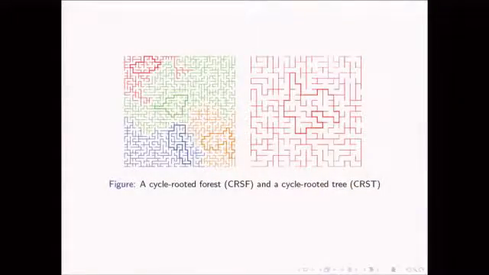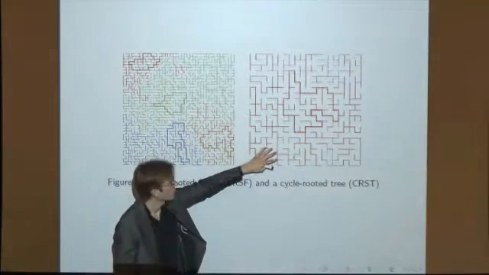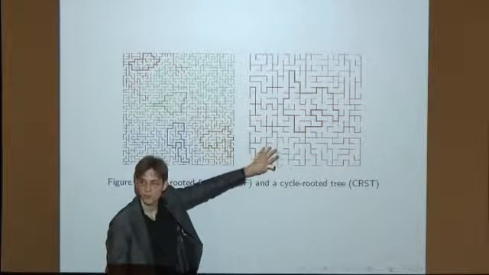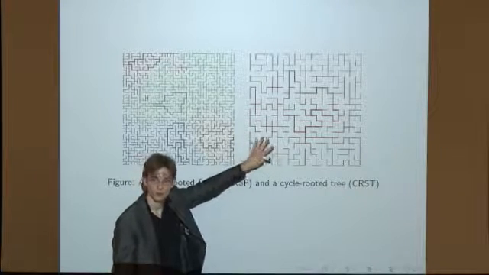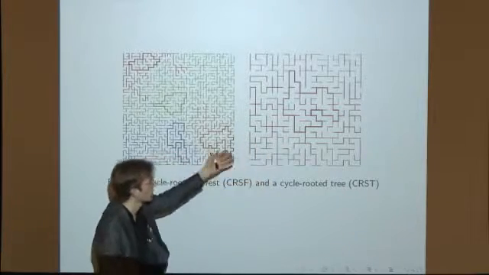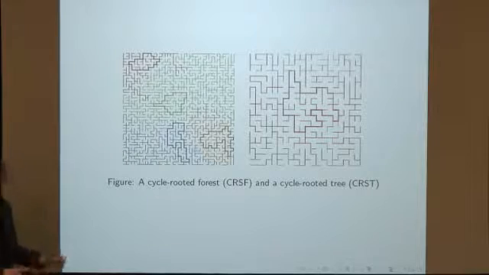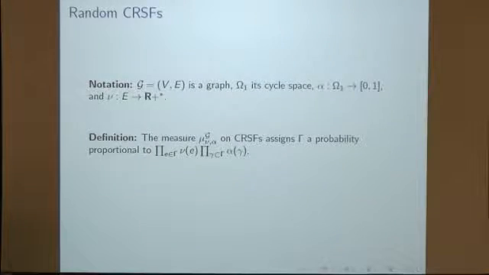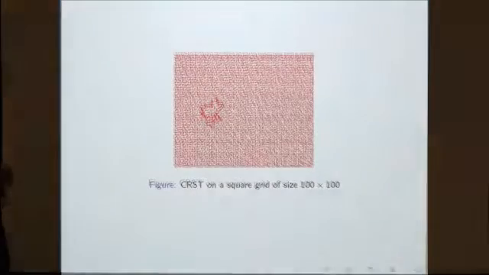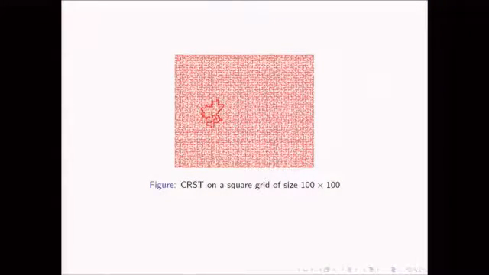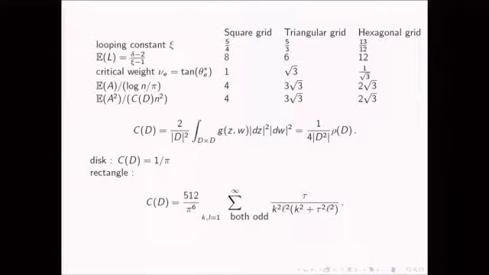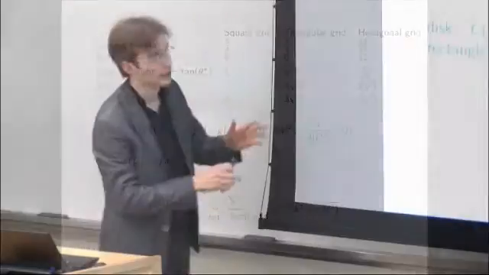So I want to talk now just a little bit about this uniform cycle-rooted spanning tree. So finite graph, uniform measure on cycle-rooted tree, which we can also call the uniform unicycle. Okay, this is quite a dense slide, but it recalls a different result that I will now explain.